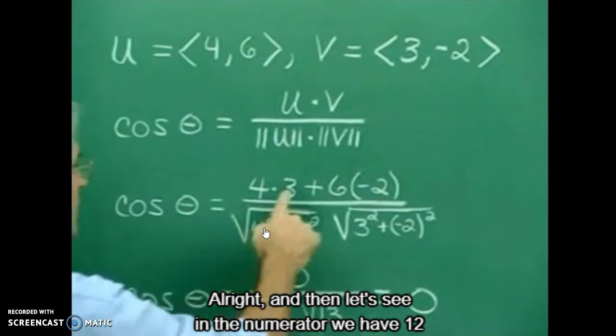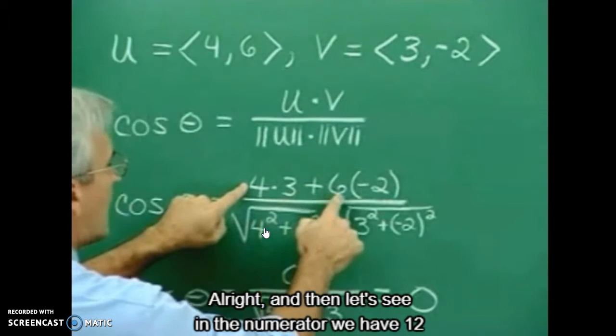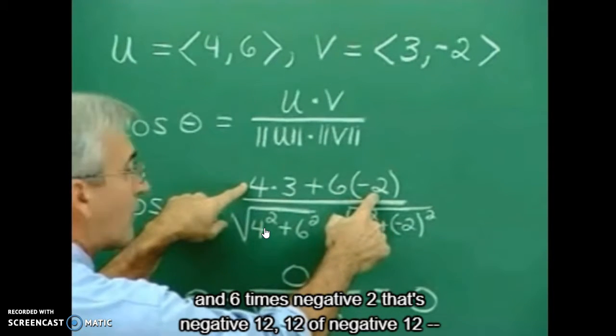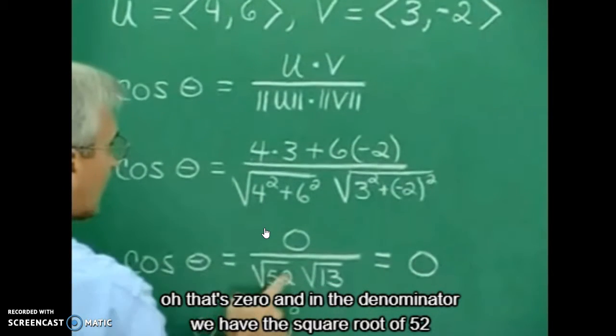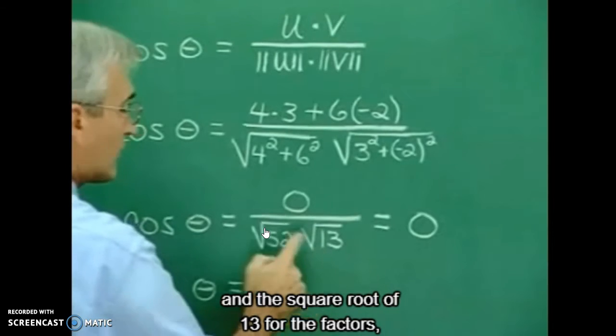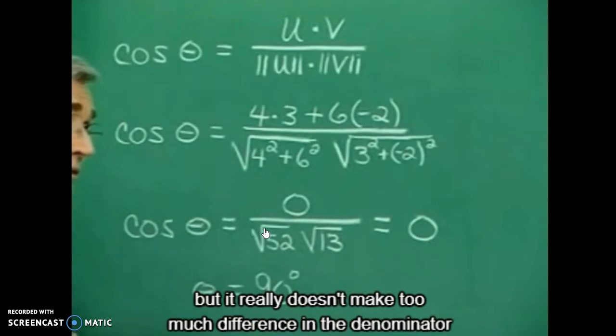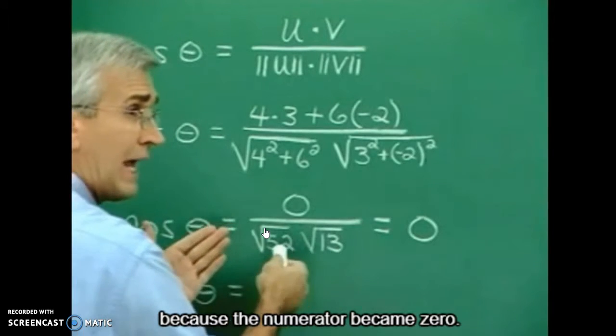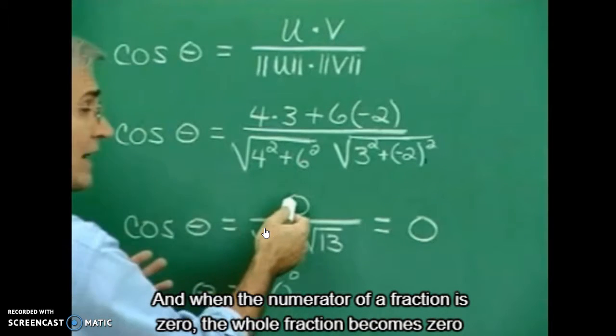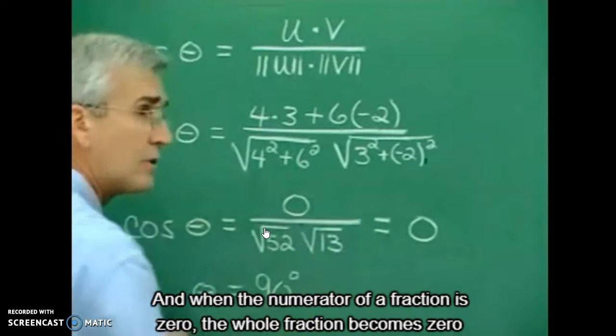All right, and then in the numerator, we have 12, and 6 times negative 2, that's negative 12. 12 with negative 12, oh, that's 0. And in the denominator, we have the square root of 52 and the square root of 13 for the factors. But it really doesn't make too much difference in the denominator because the numerator became 0. And when the numerator of a fraction is 0, the whole fraction becomes 0.